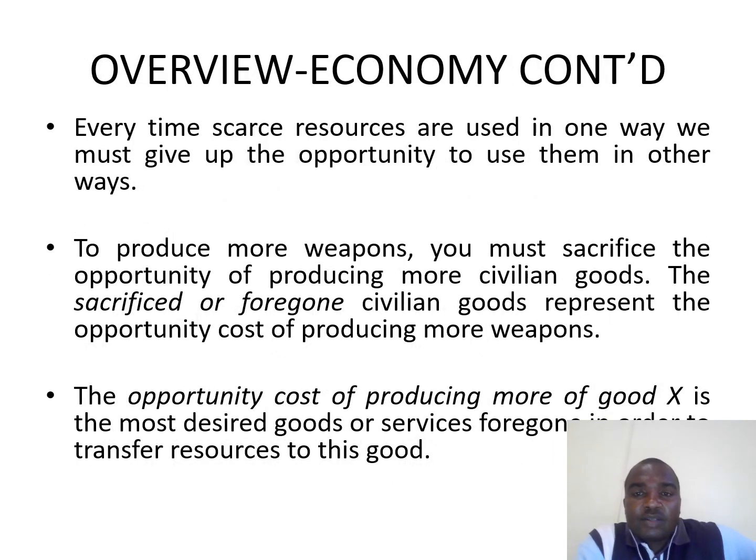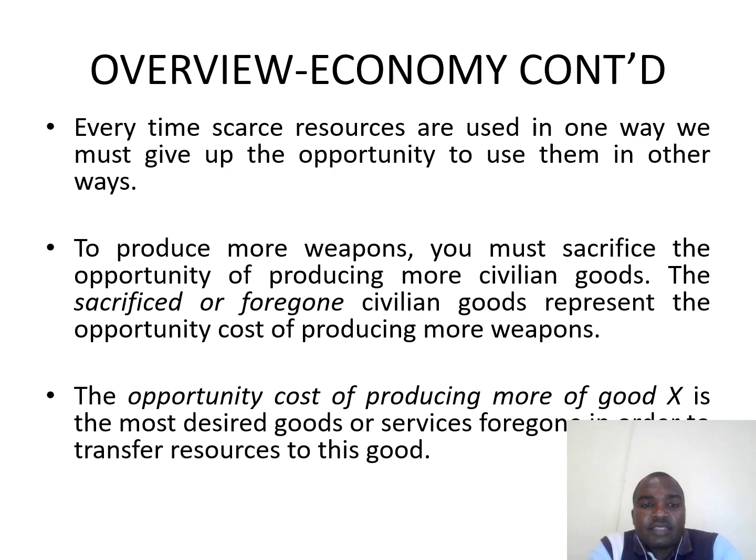Every time scarce resources are used in one way, we must give up the opportunity to use them in other ways. To produce more weapons, for instance, the economy must sacrifice the opportunity of producing more civilian goods due to scarcity.